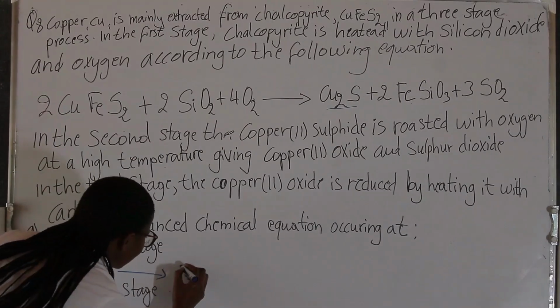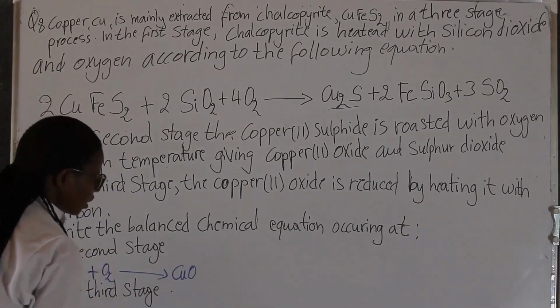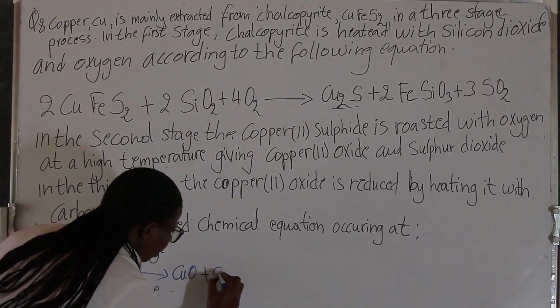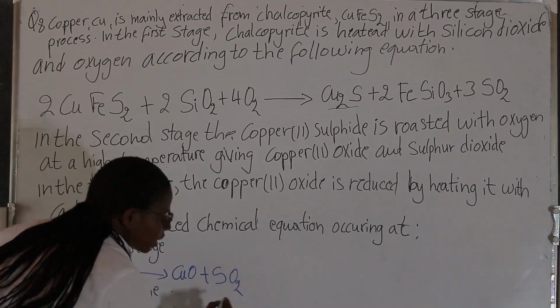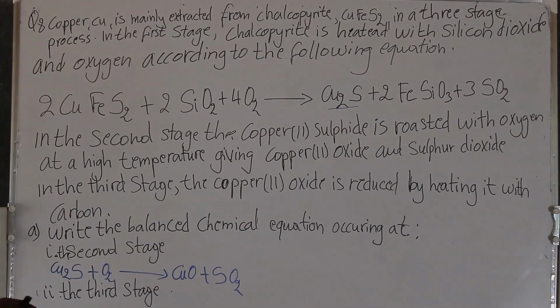This will give us copper 2 oxide plus sulfur dioxide. Then we should balance this equation.